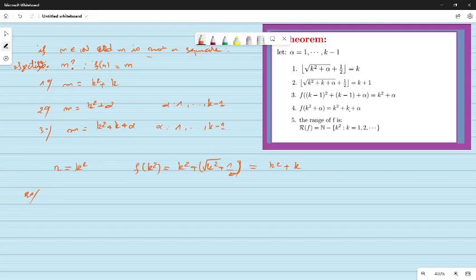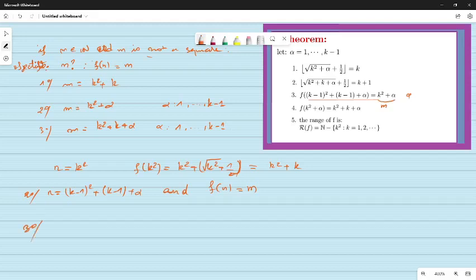In the second case, I will use this because I have m has this form. Then I take this as m. Then n equals k minus 1 square plus k minus 1 plus alpha, and f of n equals m.